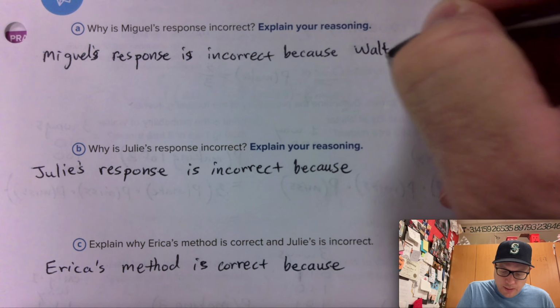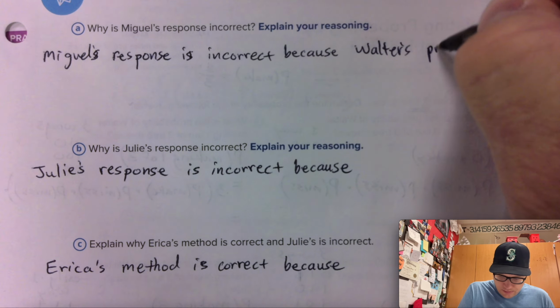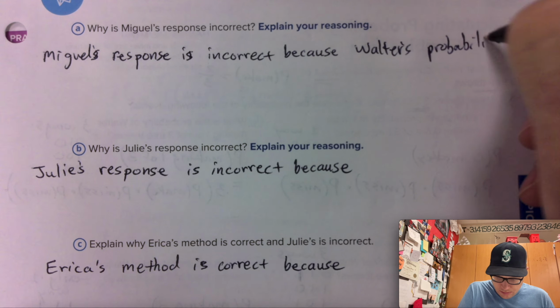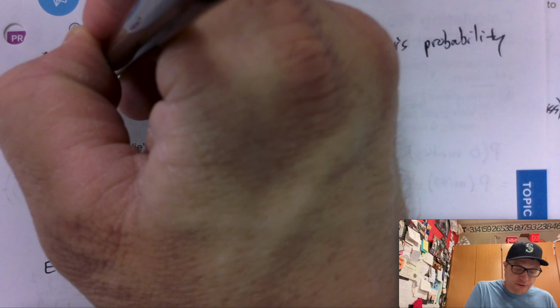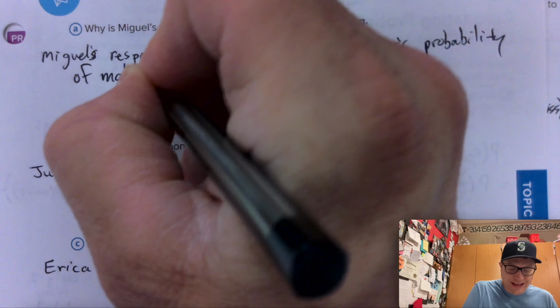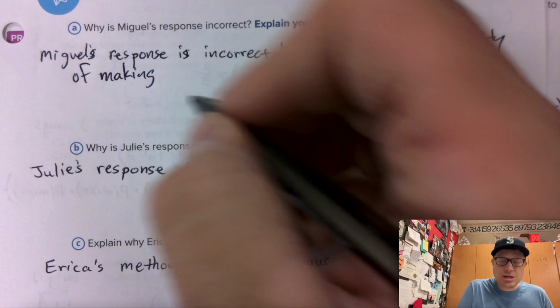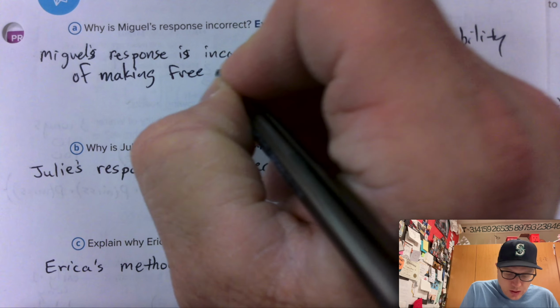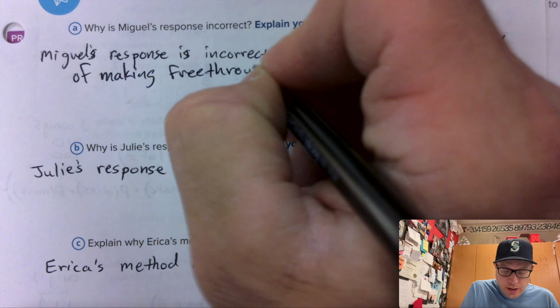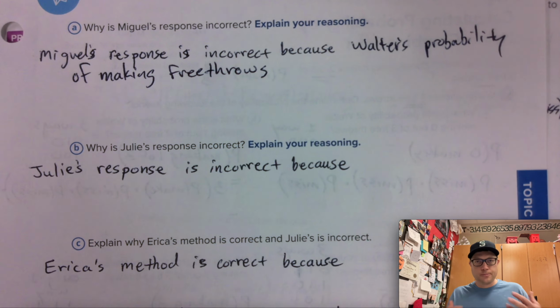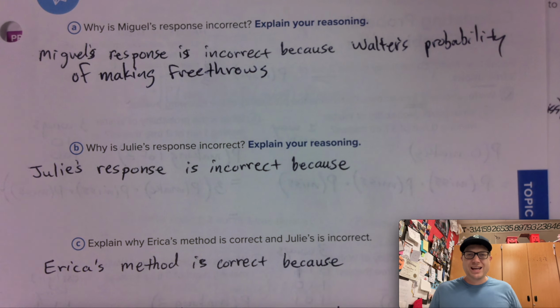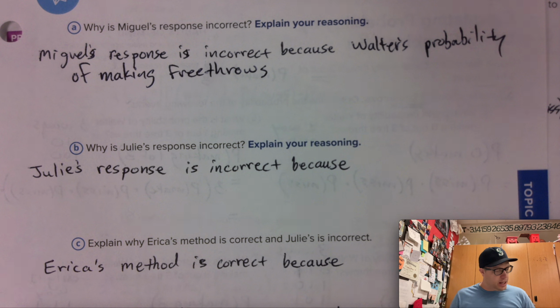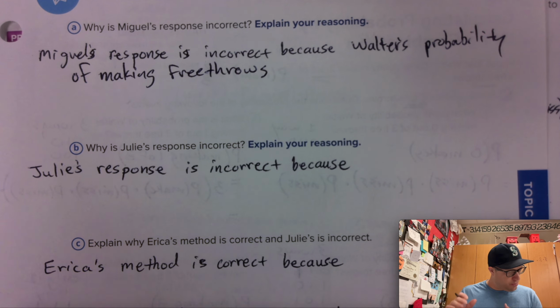Walter's probability of making free throws isn't equal to missing. Right? There's that 1/3, 2/3 fraction or probability. Each time he shoots, he's improving his free throws.